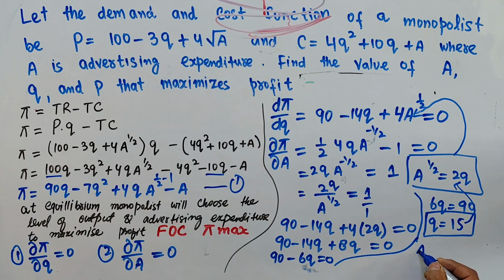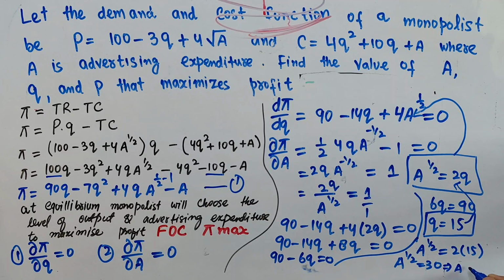So a raised power 1 upon 2 is equal to 2 times 15. So a raised power 1 upon 2 is equal to 30. Transposing this under root, it will become square, which implies a will be equal to 30 square. Okay, let me see if it is inside the visible area. So let me write it here.